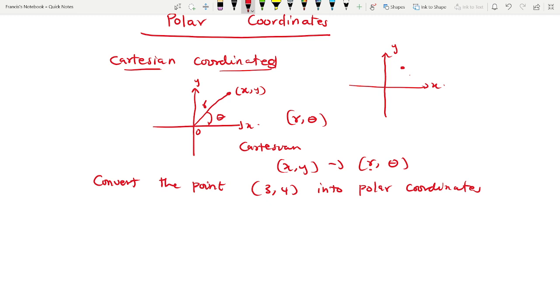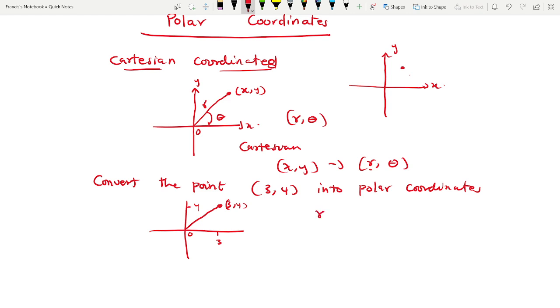The first thing to do is simply draw your Cartesian plane. Then you locate (3, 4), right? So here is 0, the origin. Let's assume the x-axis here is 3, and here is 4. So our point (3, 4) will fall here. Then we join this to the origin.